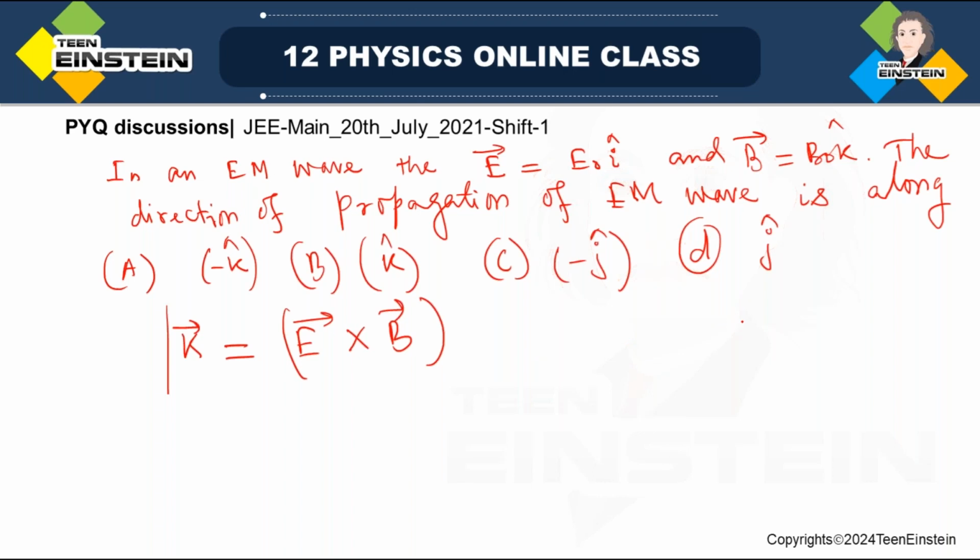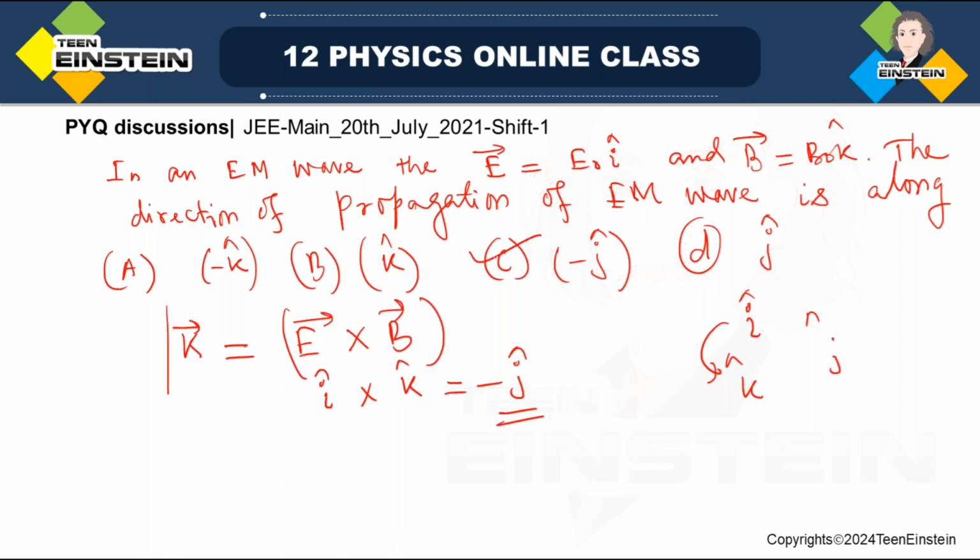So we'll just go with the cyclic rule i, j and k. Look, the electric field is along i cap direction and the magnetic field is along k cap direction. So i cross k will give you minus j cap, since k cross i is j.